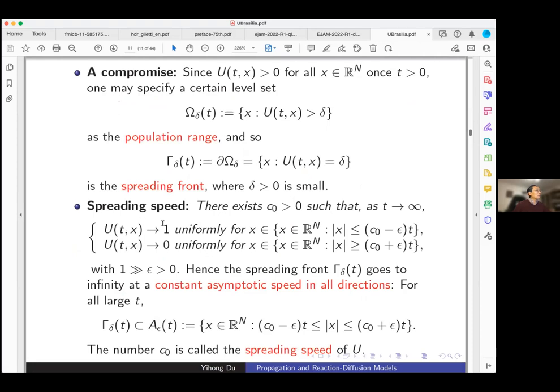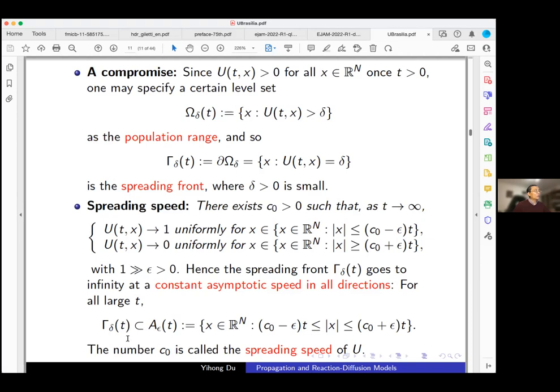Now, really, this result implies that this spreading front, the range boundary, for large time is contained in this spherical shell. So this is a spherical shell with the thickness compared to its radius being small because epsilon is small. And the radius of this spherical shell is roughly C0 times t.